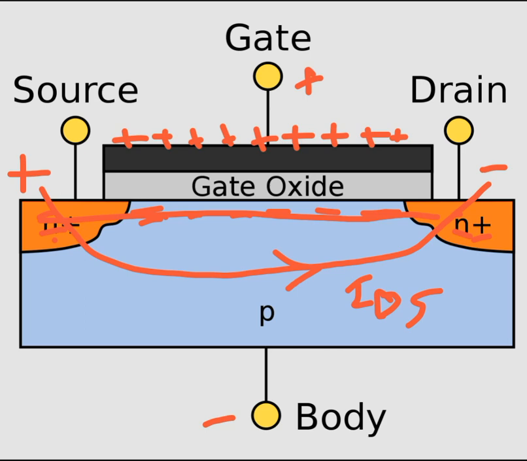What about the diode conditions? So you have one junction diode right here. So the n type, which is cathode, is tied to positive terminal and p is tied to the negative terminal. So this is clearly a reverse bias condition of the diode. Similarly, this diode, you see that the n plus is tied to negative and the body is tied to negative.